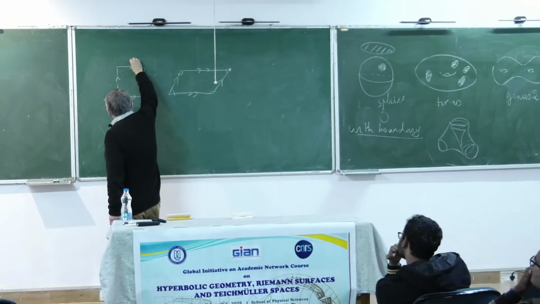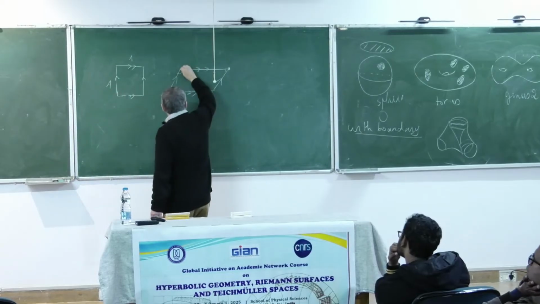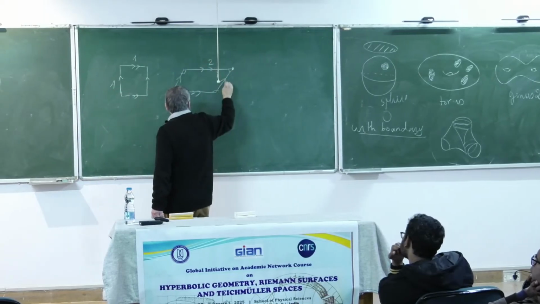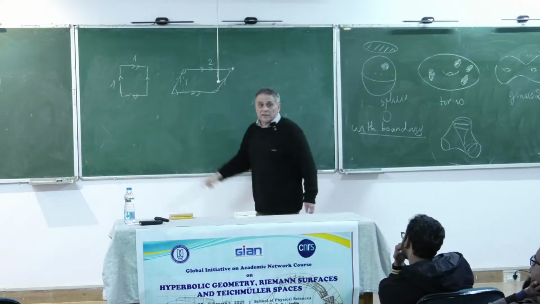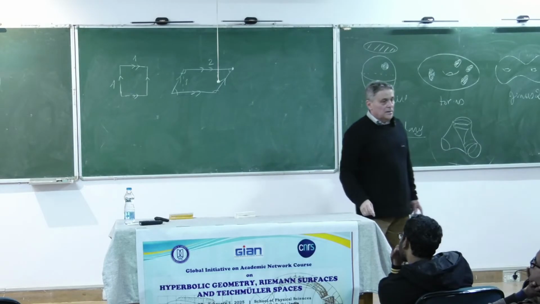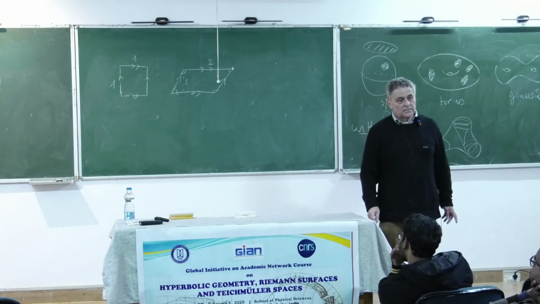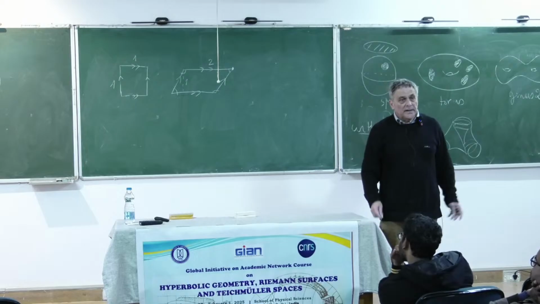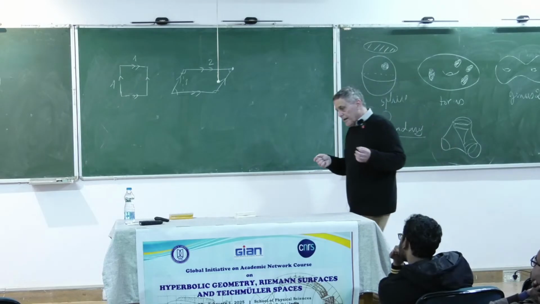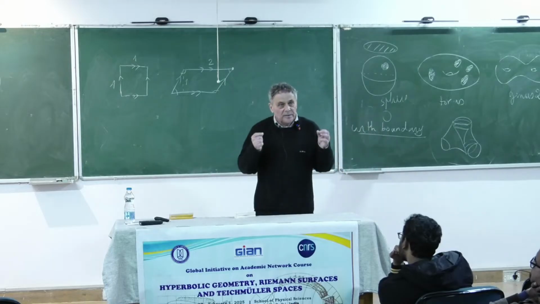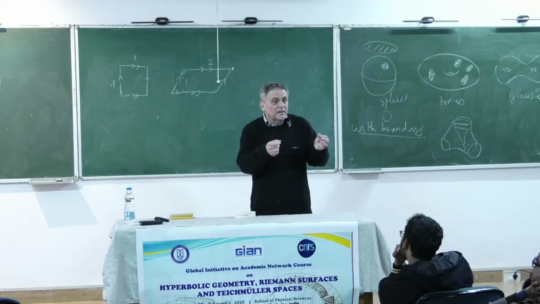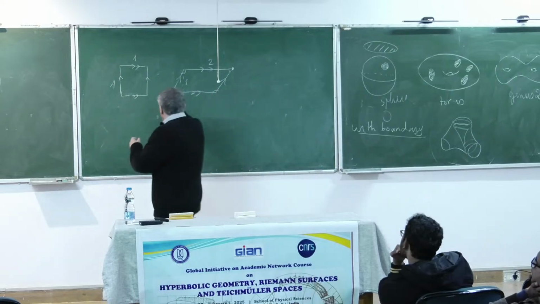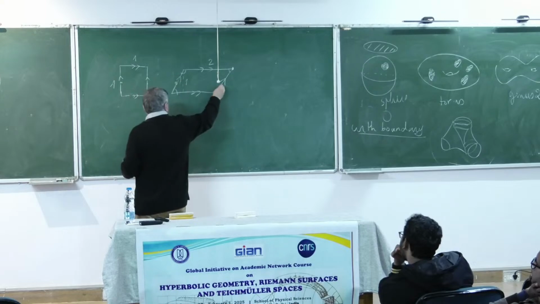Okay, let's do a simple thing. So this is length 1, this is length 2, and this is length whatever, length 1 here. How do you prove that these two things are not isometric? Take 2 points and the distance here is different from the distance there. Yes, but you cannot, because what I'm saying is that there is no isometry between these two tori, meaning that these 2 points are not necessarily sent to these 2 points here.